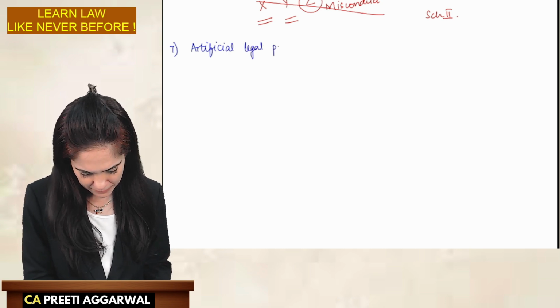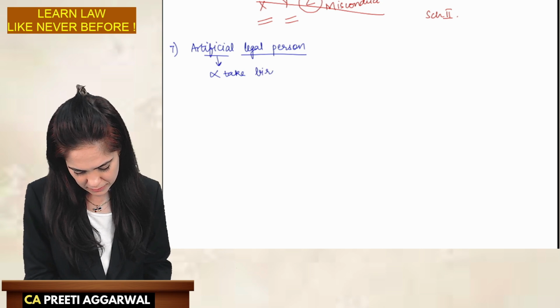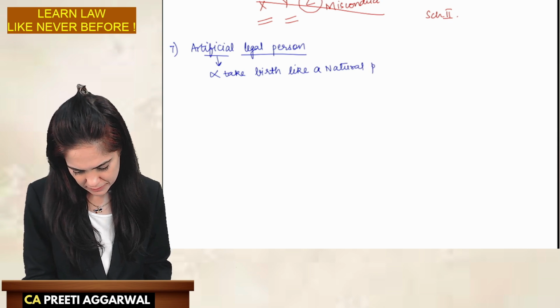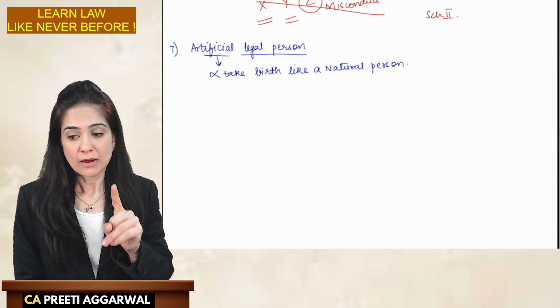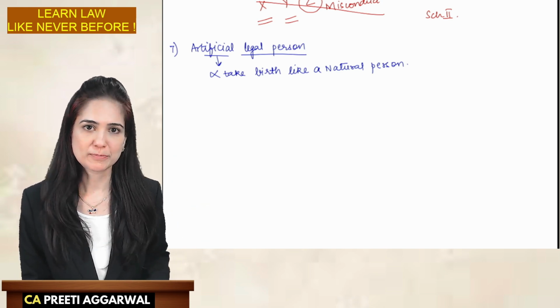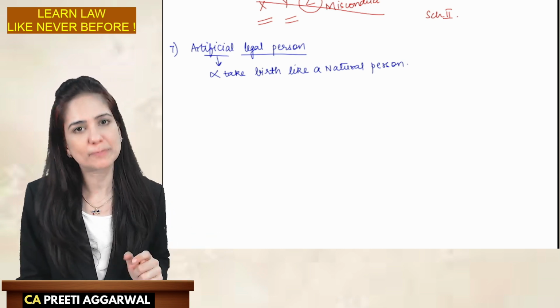legal person. It's an artificial person because it does not take birth like a natural person. Why artificial? Because it does not take birth like a natural person. You have to form it, you have to create it through the legal process.